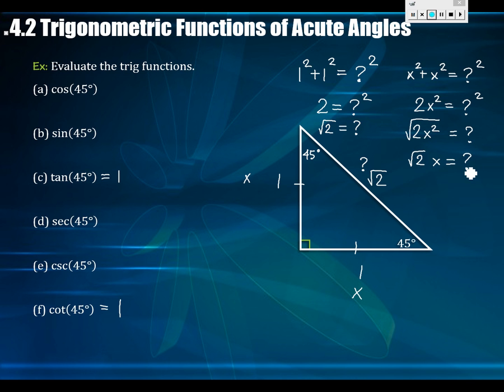Okay, I just worked the problem and I get root 2x. So does that make sense? Now let's actually go and find the cosine of 45 degrees. I think I'm ready here.